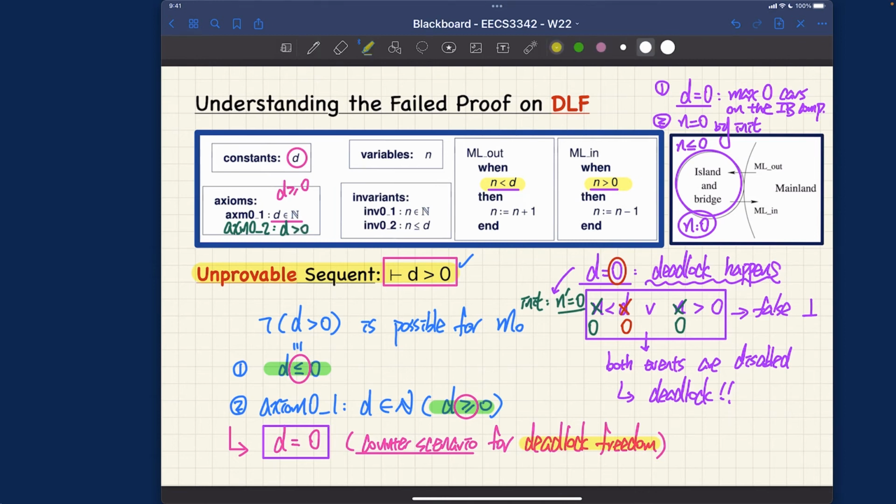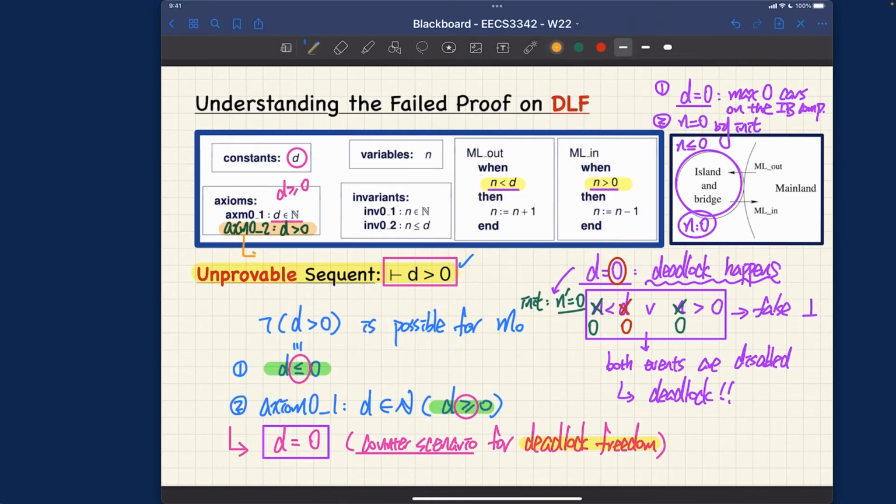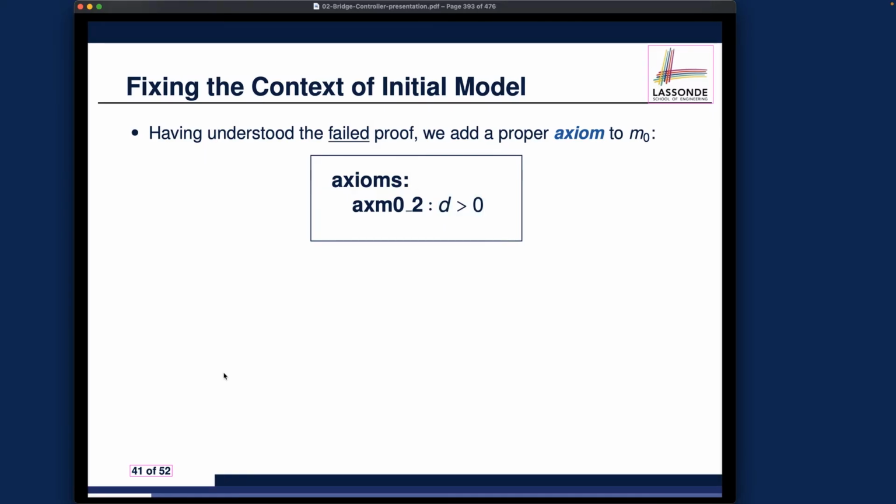This will be the revision on the model based on the fail sequence over here. It's really important to see the connection.